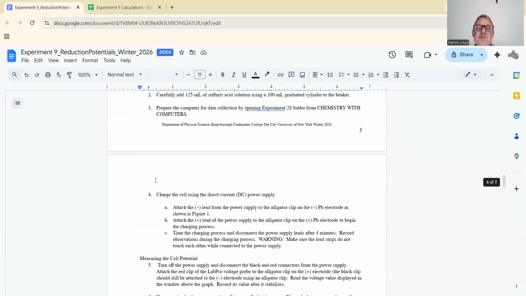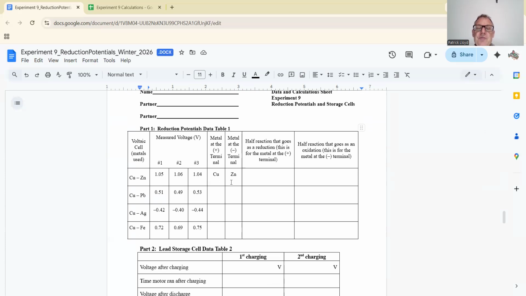Okay. So we come back down over here. The positive terminal is the copper, so we write just like it is in the table. Got that capitalized there. And then for the one at the negative terminal, that would be the oxidation of zinc. So you just write zinc goes to zinc 2.